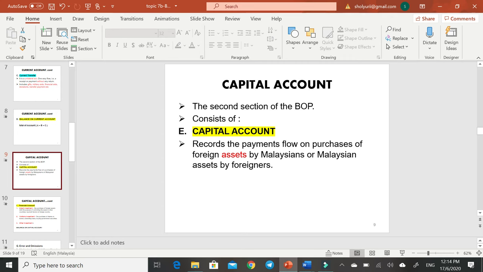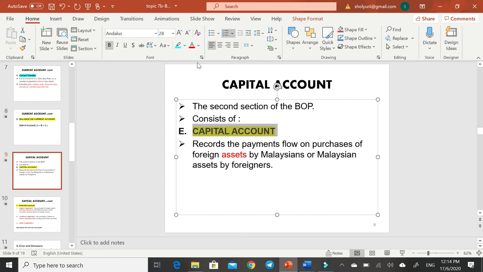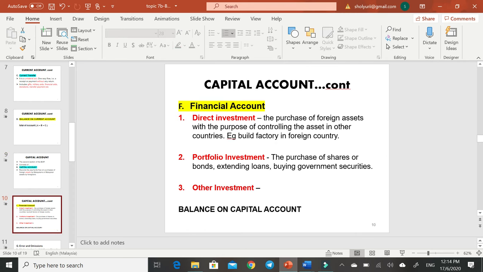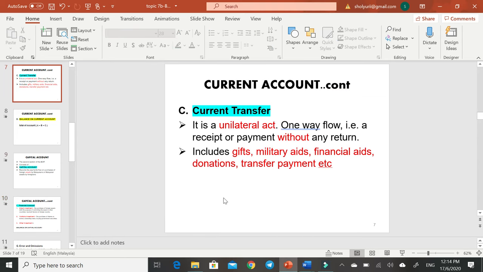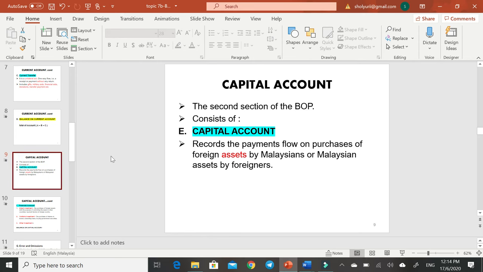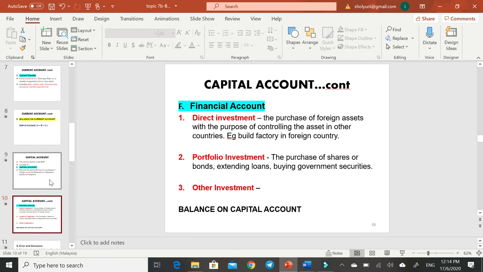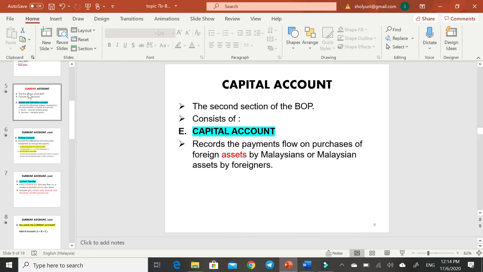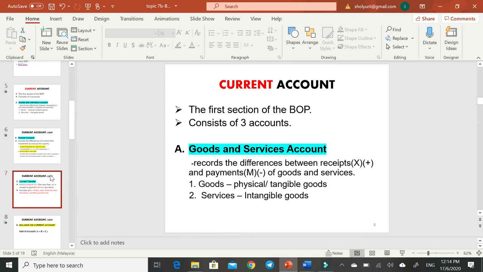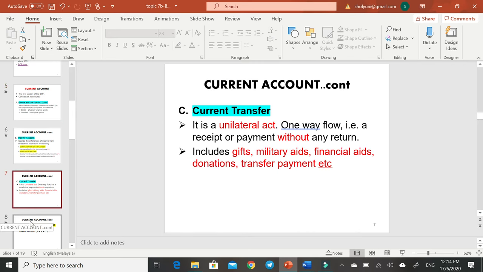Okay, first under the capital account is the capital account, and second one is the financial account. It means now there are only two things under the capital account, which is the capital account and also the financial account. So it is a bit confusing. Because the mother is named capital account, the child is also named capital account. Like before, the mother is named current account, the children are named goods and services, income and also current transfer.